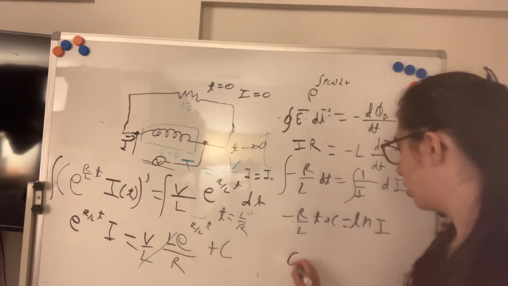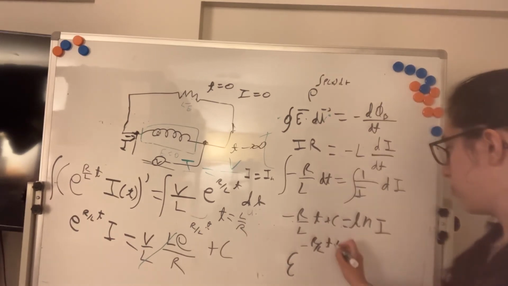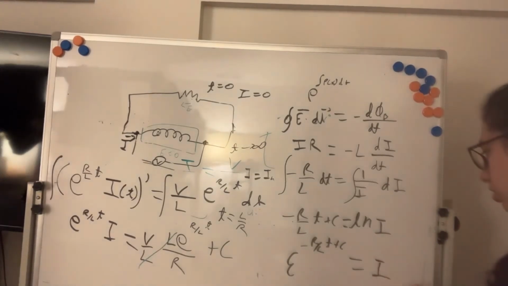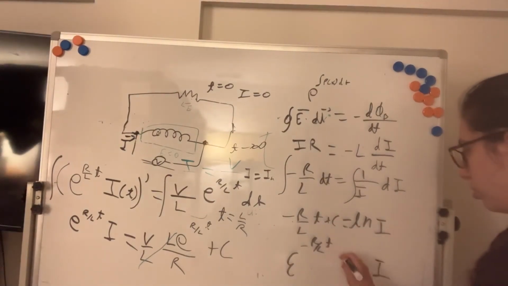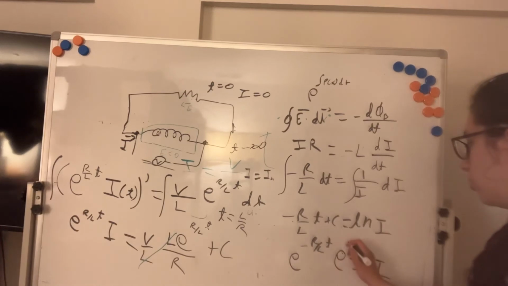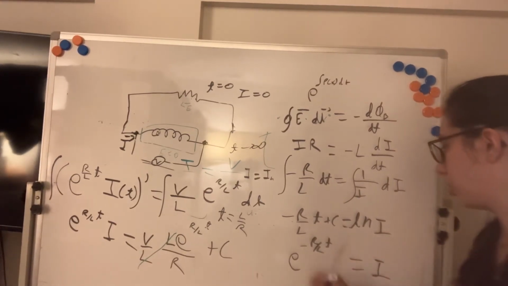We have e to the negative (R over L)t plus C is equal to e to the logarithm of I, which is just I. And this you can separate, e to the C, which is just again a constant, so I can call it just a constant.